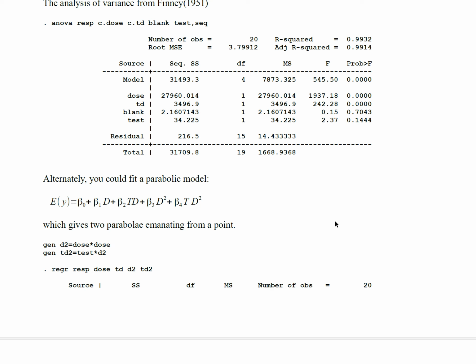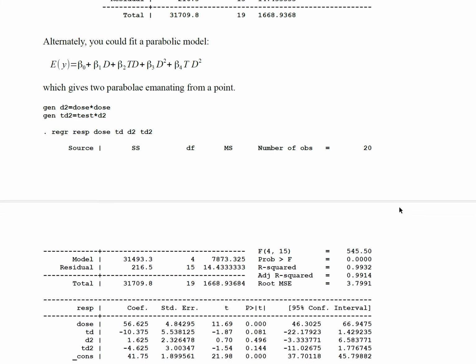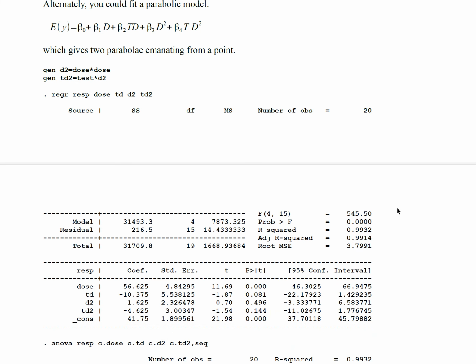However, it's missing on purpose, for a reason. In any case, if you do this parabolic approach, which perhaps is a little more intuitive than that given in Finney, but again, there's merit to seeing all the thinking involved here, it does turn out that you get essentially the same results.